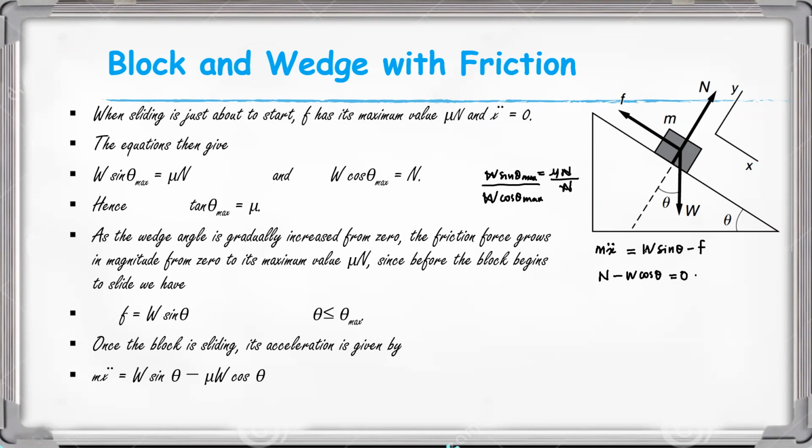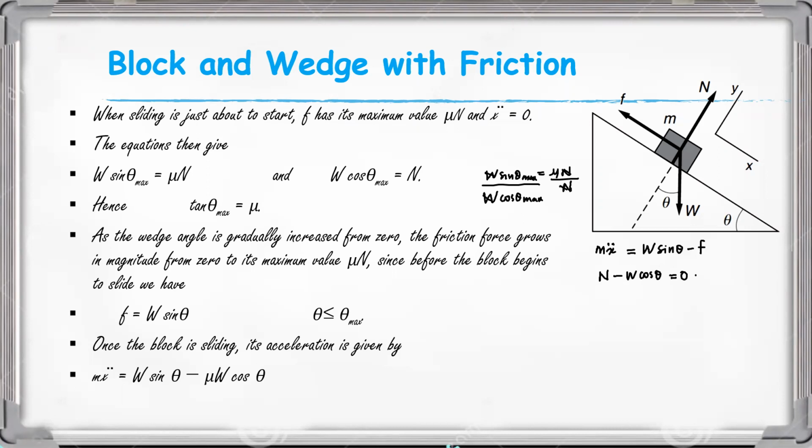In that case, W sin theta is equal to F. After that, m x double dot must be equal to W sin theta minus F. And we know that the value of F must be equal to mu N, and N has the value, for all angles, N is equal to W cos theta.